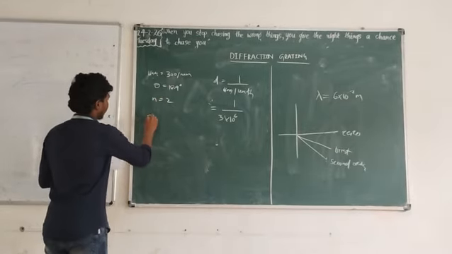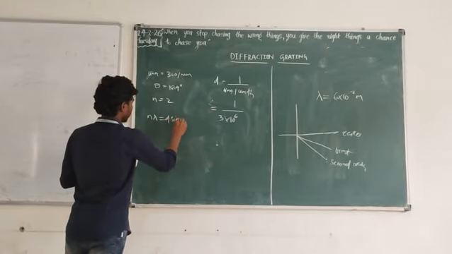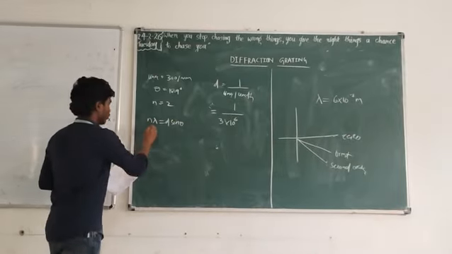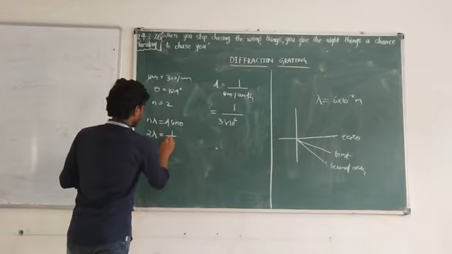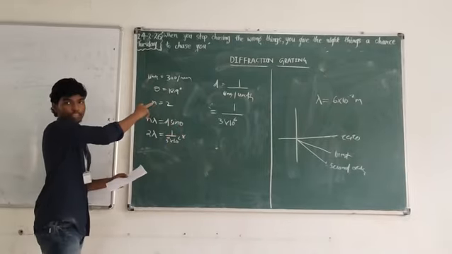So using n lambda equals to d sin theta, we have n equals to 2. So 2 lambda equals to d, which is 1 by 3 into 10 raised to 6, into sin 18.9.